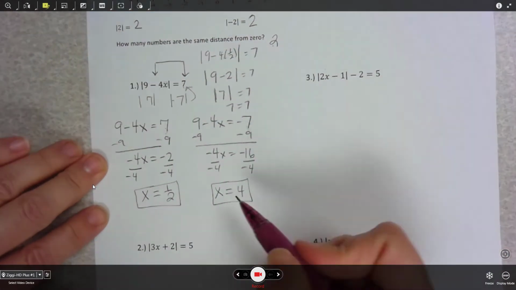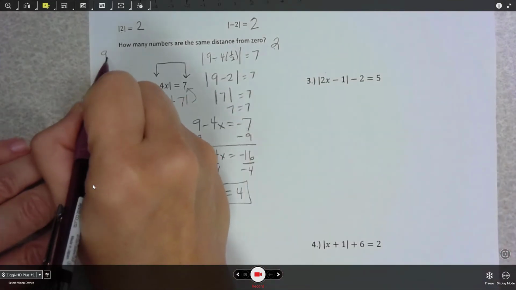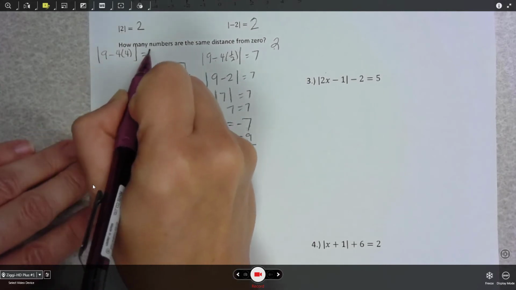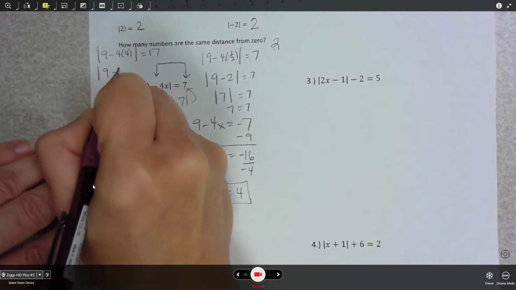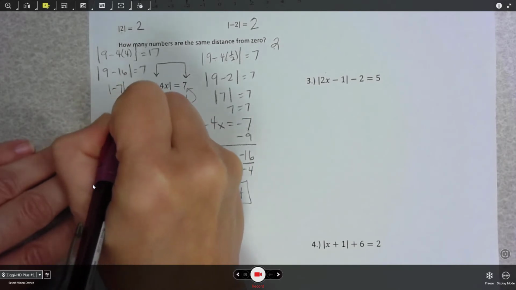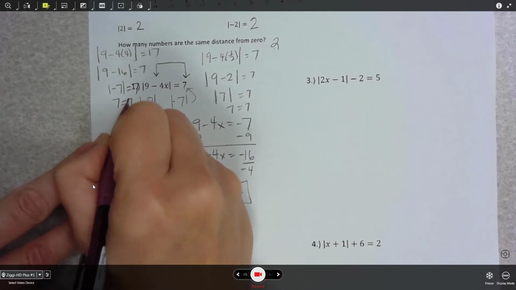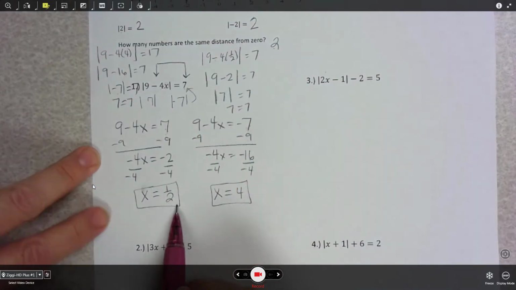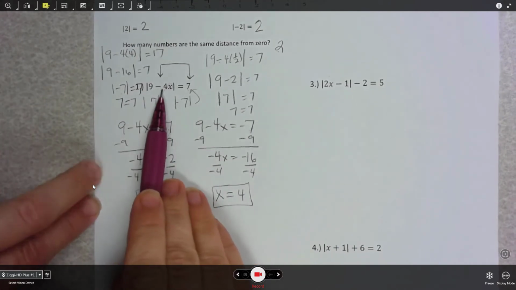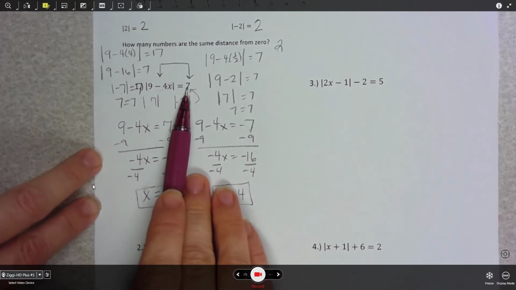You could do the same thing by filling in a 4: 9 minus 4 times 4, so that would be 9 minus 16, and then the absolute value of negative 7 equals 7. The absolute value of negative 7 is 7, which equals 7. Notice how one of these answers gives me a negative 7 inside, one gives me a positive 7 inside, and when I take the absolute value, I get a distance of 7.